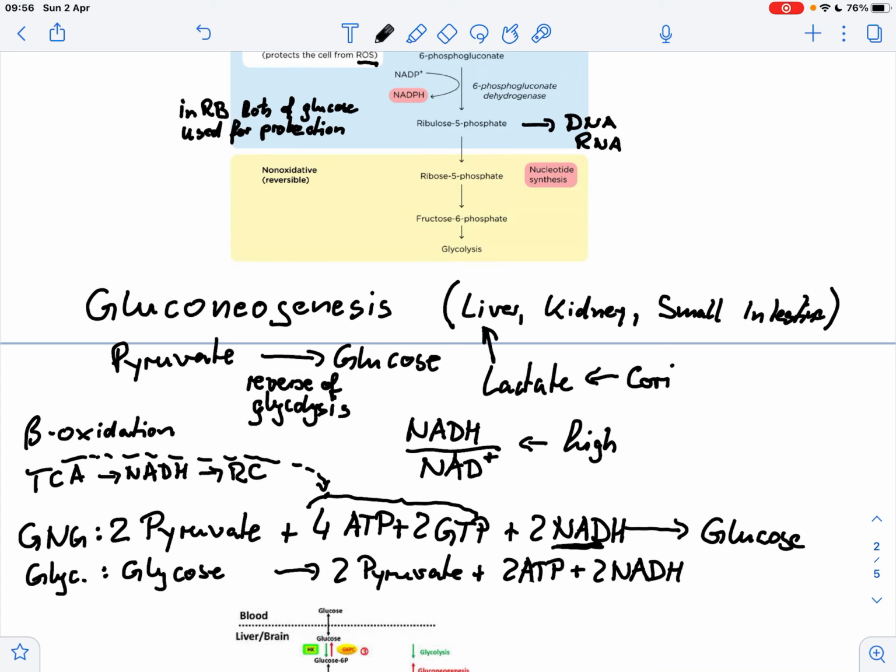So we are basically in gluconeogenesis running the process in reverse. Well, sort of, because there are some problems with gluconeogenesis.